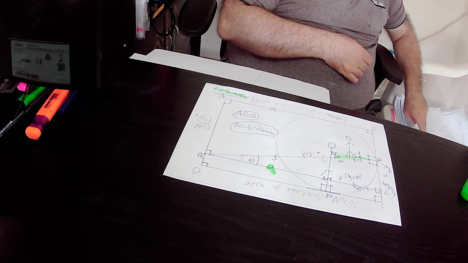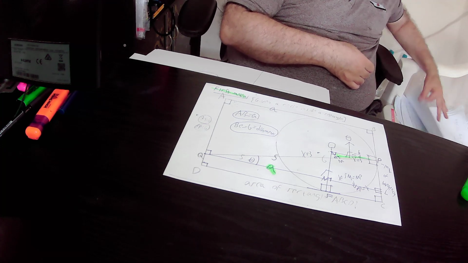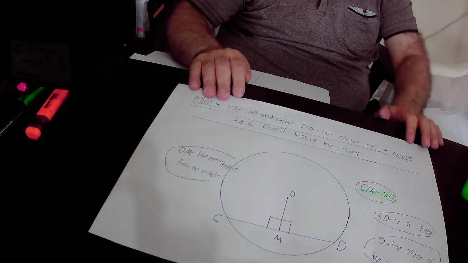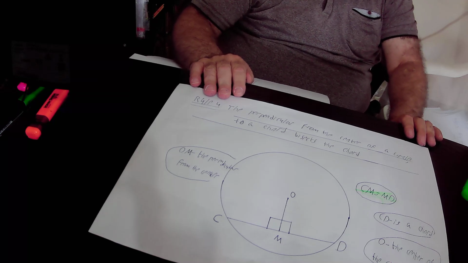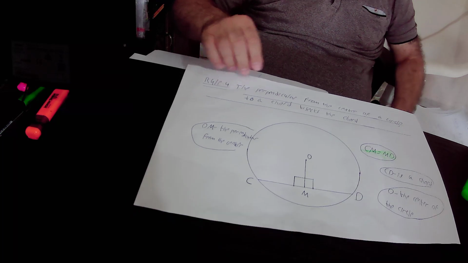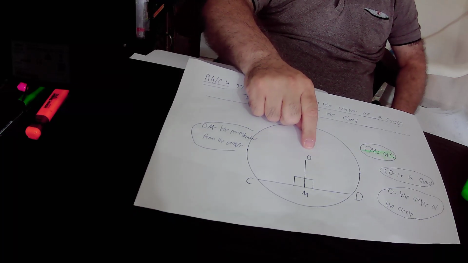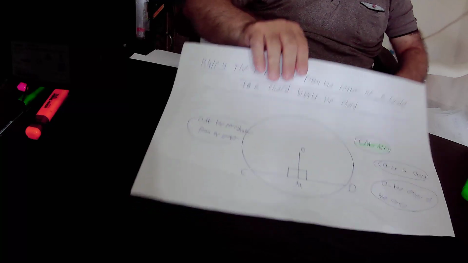According to rule number 4, the perpendicular from the center of a circle to a chord bisects the chord. Here, the perpendicular OM from the center of the circle, O, bisects chord CD. That is to say, CM equals MD.